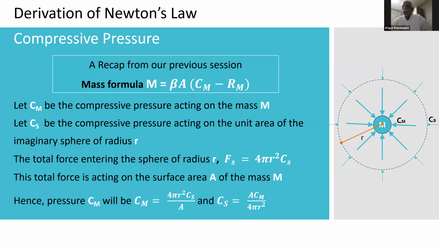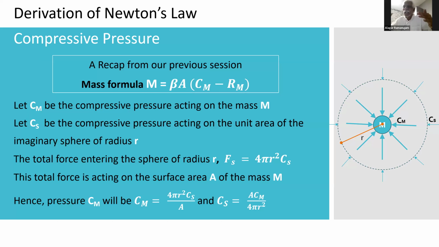That you can see in the arrow marks. The space converges and finally gives a pressure on the surface of the mass m. Okay. Now in the picture, Cm represents the pressure given by the space on the mass m.